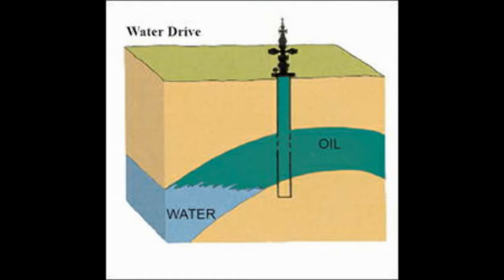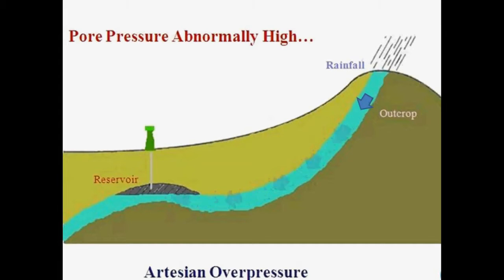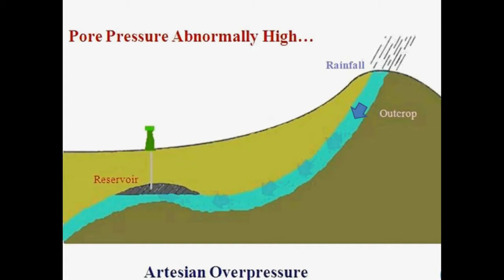Now let's look at how a water drive works. There are two possible sources for water drives. One, water coming from a column in an outcrop in a nearby mountain. Or two, any large amount of water under pressure. If you remember from Chapter 2 when we discussed abnormal pressure, we looked at an artesian flow.